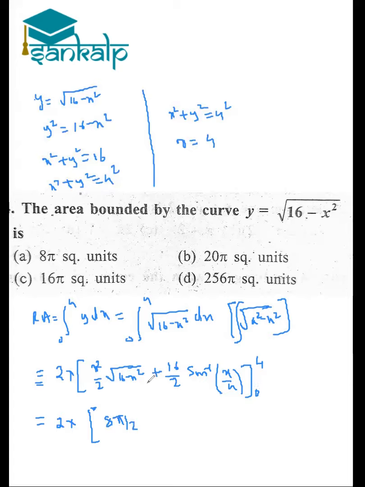And when we substitute 0, the first term will be 0 as well as the second term will be 0. So on simplifying it further, 2 and 2 will cancel. 8 pi square units, option A will be the right option. Option A gives us the right answer.